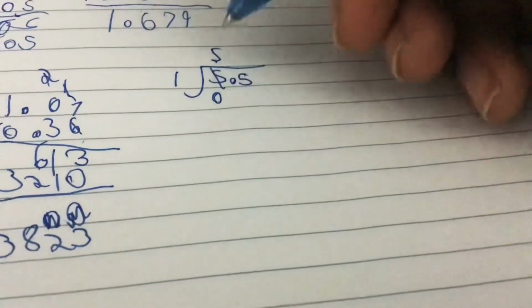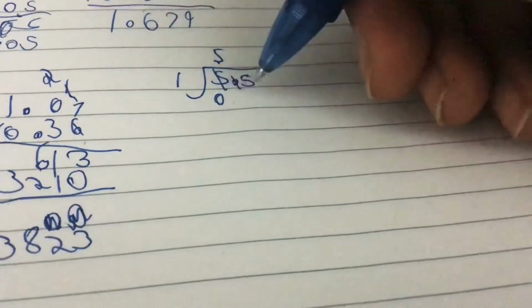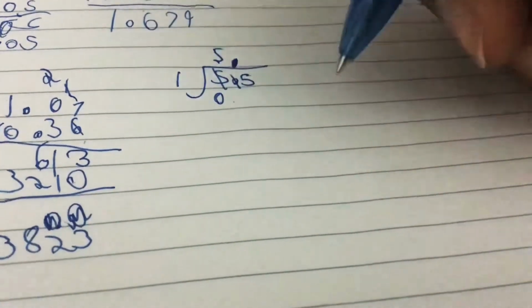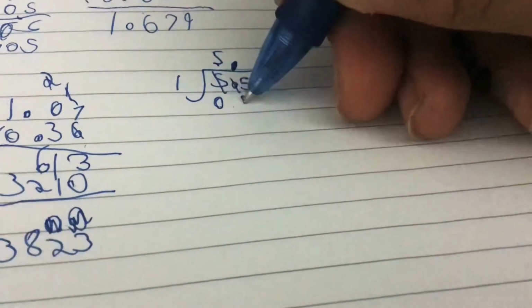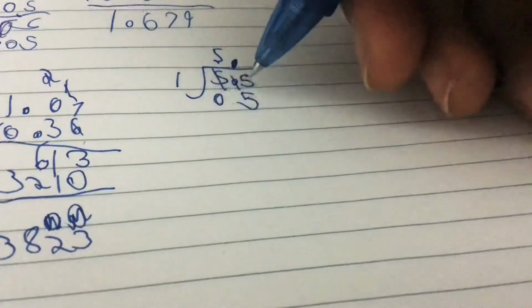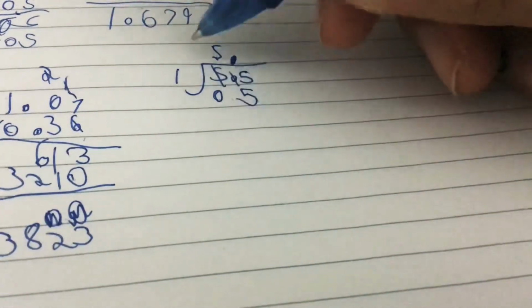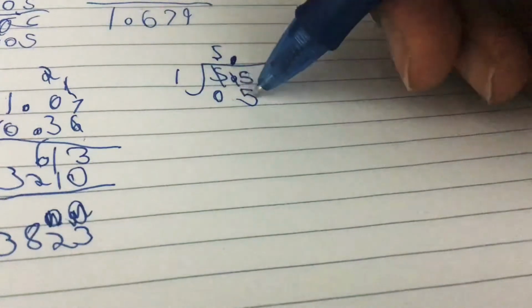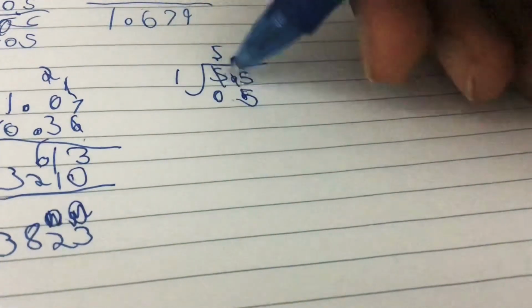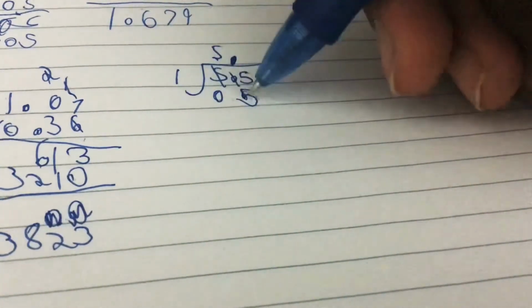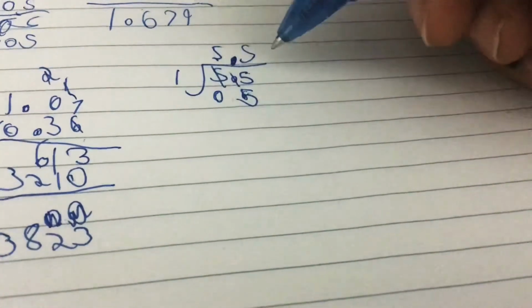We put a 5 here. But then the decimal doesn't get moved at all. It just stays in its position. Most of the time, people move it up to here. I personally moved it down. Once I move it down, this is 0.5, but the 5 is here, so it's 5.5.